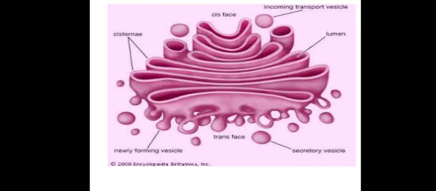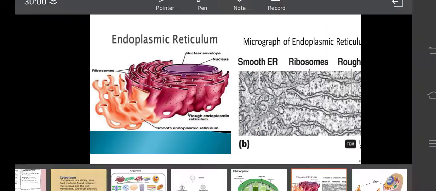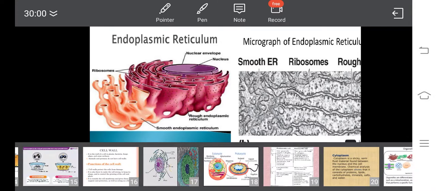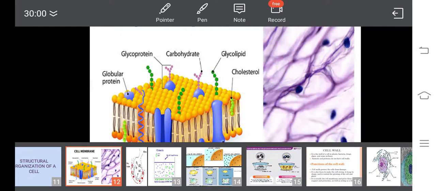Next, as I said, the Golgi apparatus helps in storing, packaging and modifying the chemical substances or hormones, and it also plays a crucial role in the formation of glycolipids and glycoproteins. What do you mean by glycolipids and glycoproteins? You saw those terms in the plasma membrane.